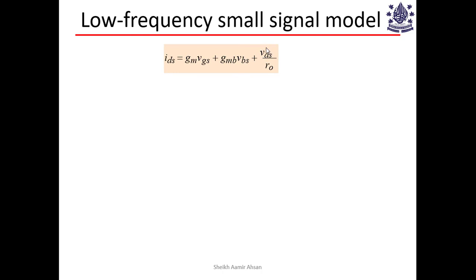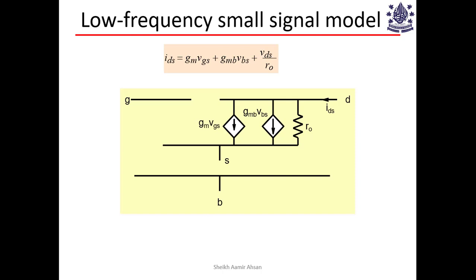And the third one happens because of channel length modulation, right? Because the saturation characteristics are not flat, even VDS has an effect on determining some fraction of your IDS. And if we have to represent this in the form of a small signal network, it would look as follows.